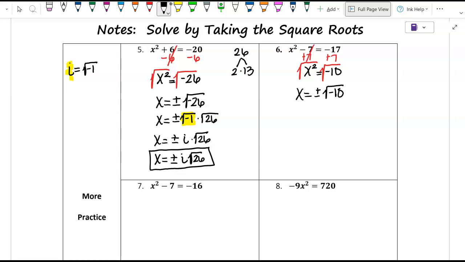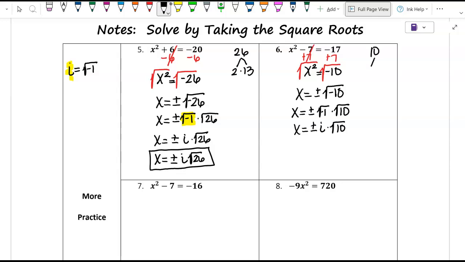Again, I can rewrite the square root of negative 10 as the square root of negative 1 times the square root of 10. Replace that square root of negative 1 with i, so x equals plus or minus i times radical 10.